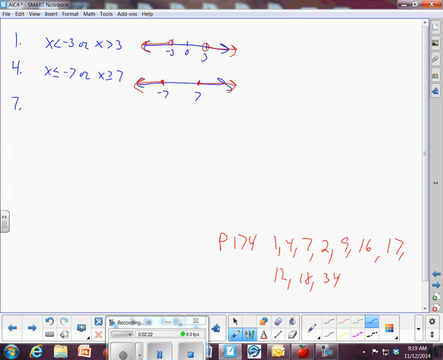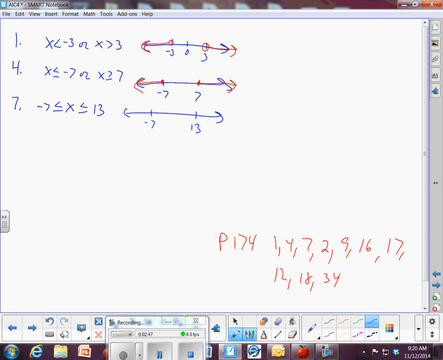Okay, number 7. The numerical answer is -7 less than or equal to x less than or equal to 13. This one was a conjunction.